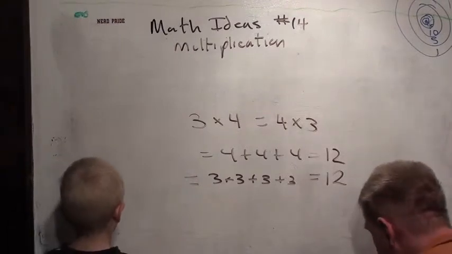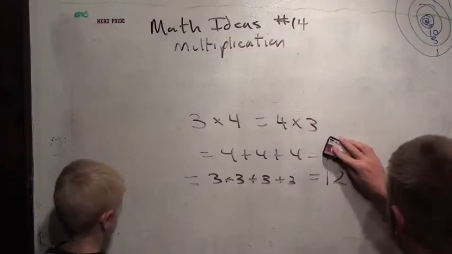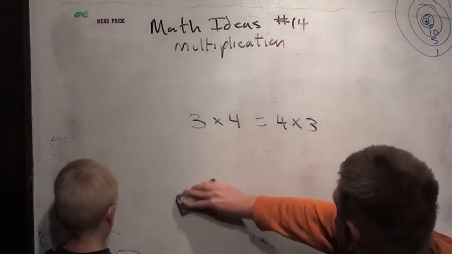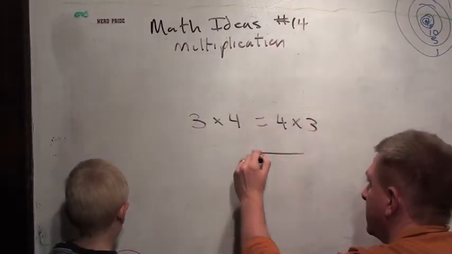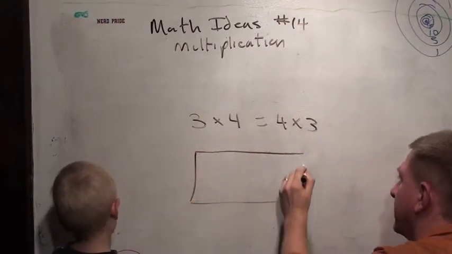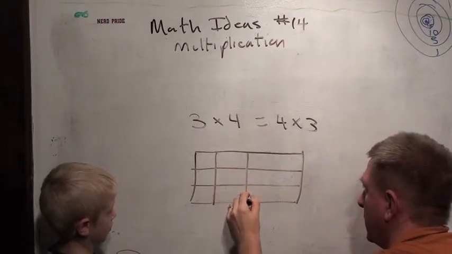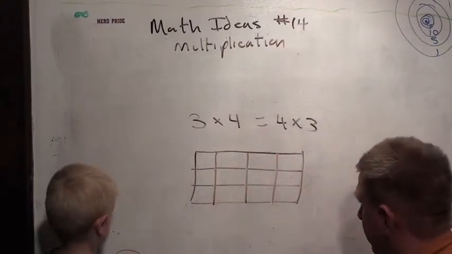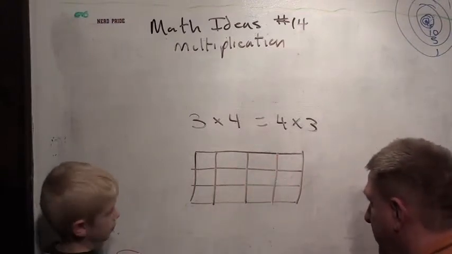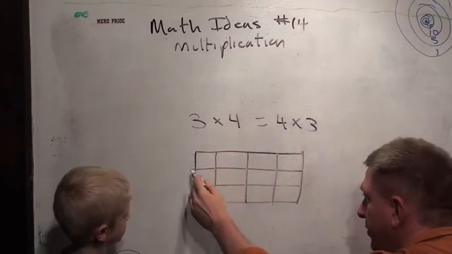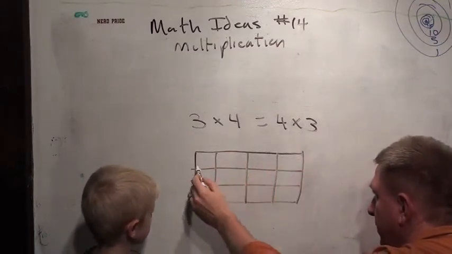Do you have any idea why that's true? No. Well, one thing we could do is just look at a box, like this. Okay, so how many rows are there in this box? Rows go this way.